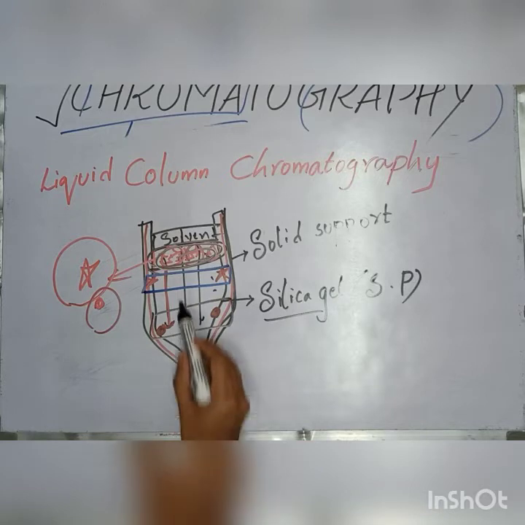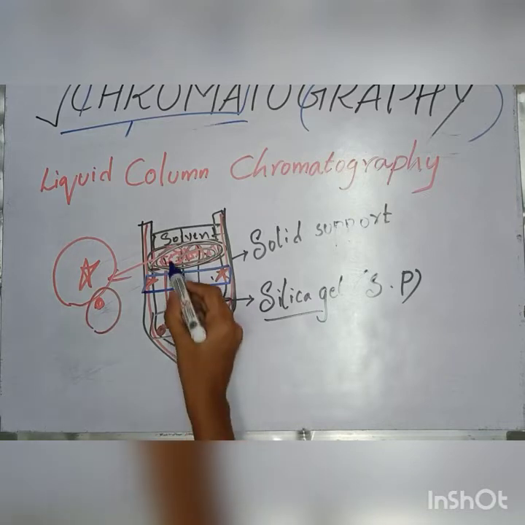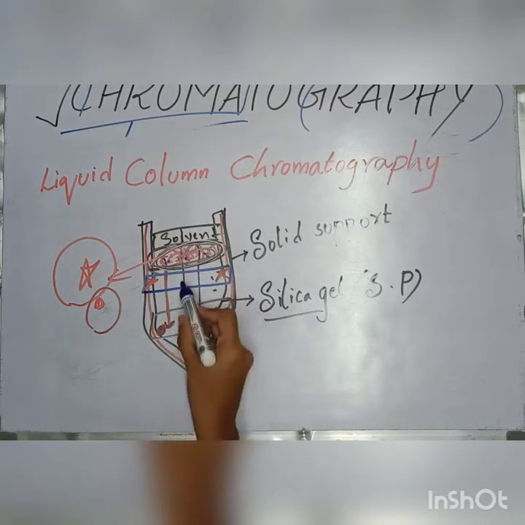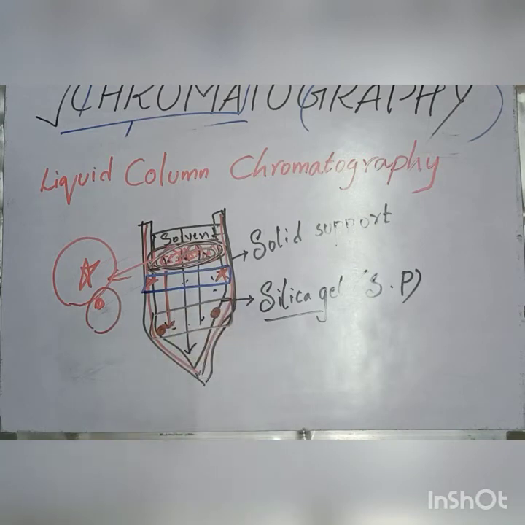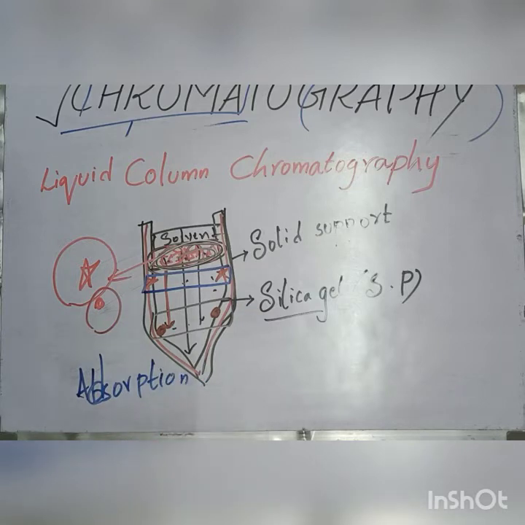Why? Because when both are combined, we get one mixture. When they are separated, they show their individual characters. So the components in the mixture are separated based on which principle? Adsorption, right? That is adsorption, meaning sticking to the surface.